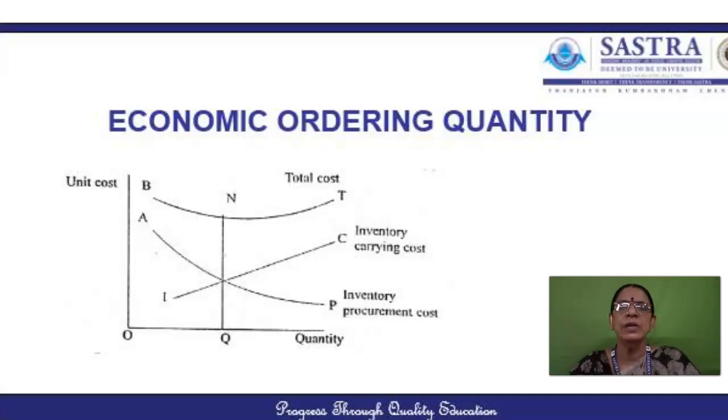There are some of the objections which are raised against EOQ. Often the inventory holding cost and ordering cost cannot be accurately calculated and even they cannot be identified. EOQ is often an inconvenient number.